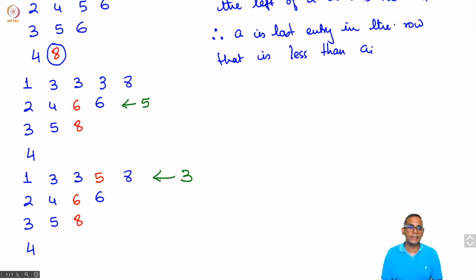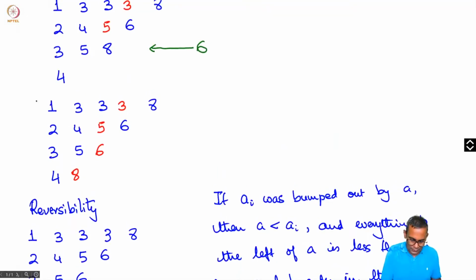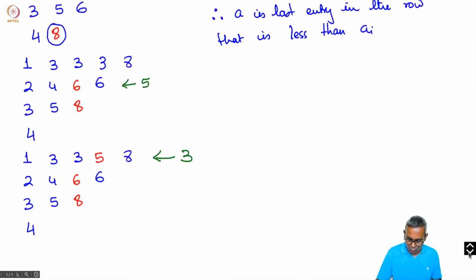However, we still need to check that this new tableau that we create is in fact a semi-standard Young tableau. So this is the final tableau that we got in the insertion process, and you can see that it actually has weakly increasing rows and strictly increasing columns. This will always happen. Why? So here's the notation that I'll be using.